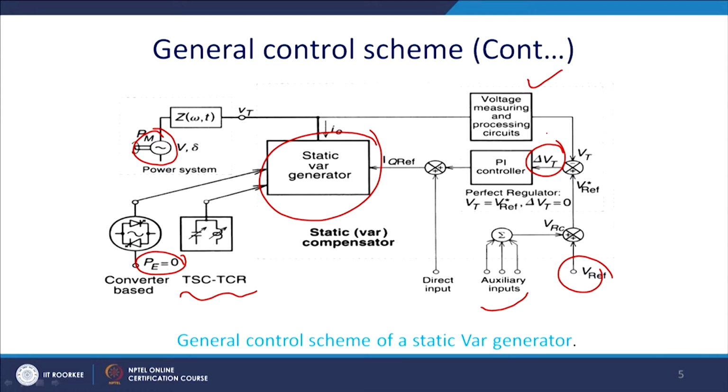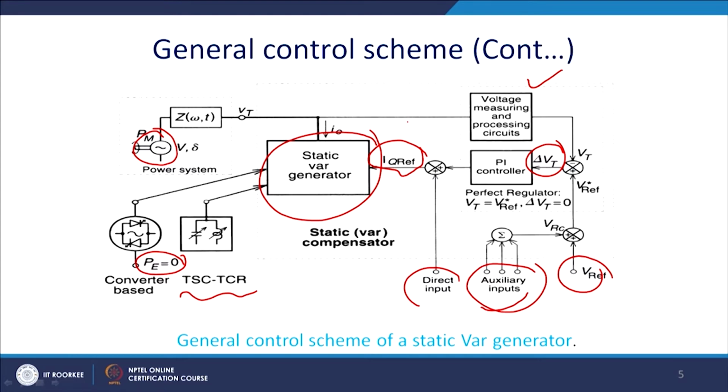And if it is not so, then you put this value of Vt as the V reference, and thus delta V becomes 0. You also have auxiliary inputs, and from there you have a direct input, and you compute your IQ reference.